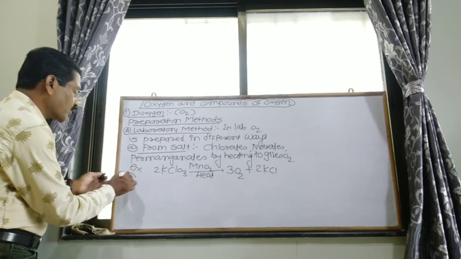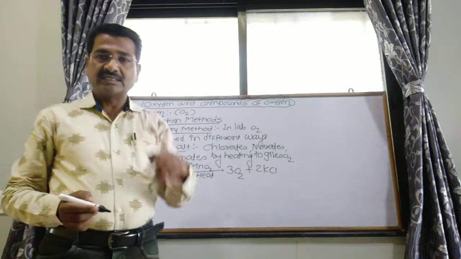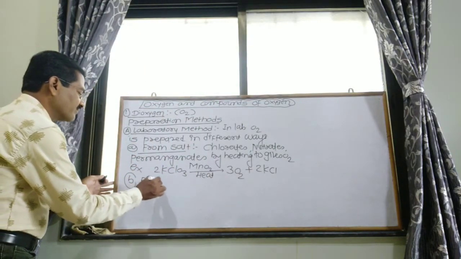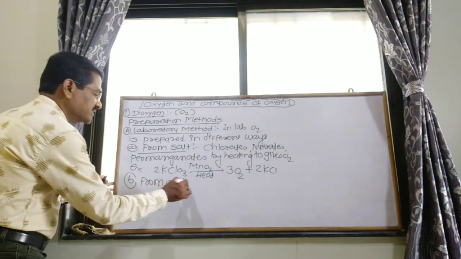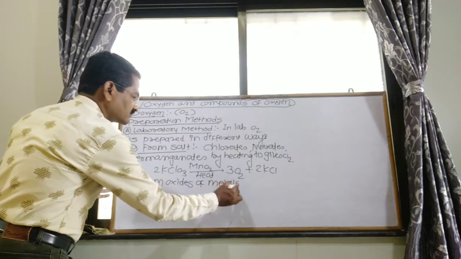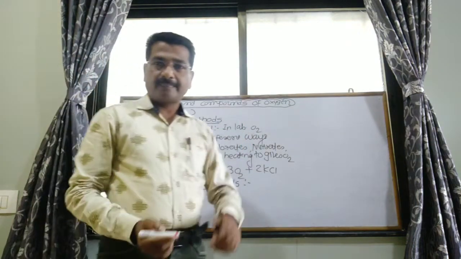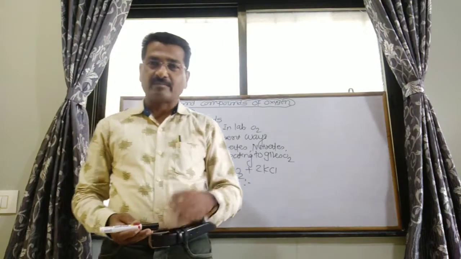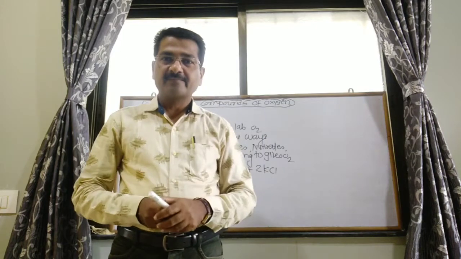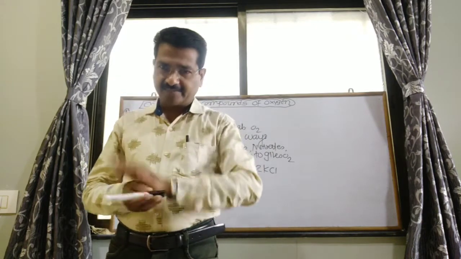Then the second laboratory method. First from salt, second from oxides of metal. Oxides of metal, that is sodium oxide, magnesium oxide, aluminum oxide, mercuric oxide, zinc oxide, any metal oxide.